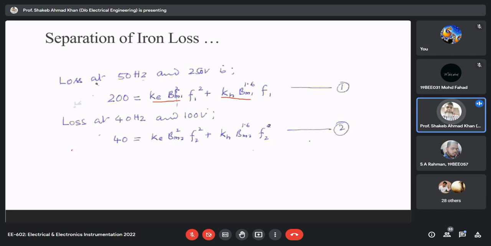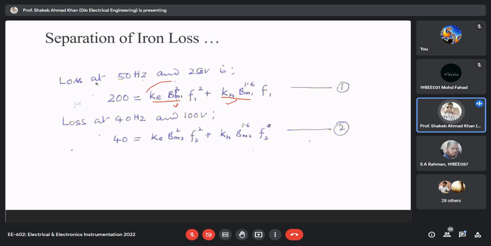So our equation will have only, means we can define Bm2 in terms of Bm1. So we will have only two unknowns, this and this.